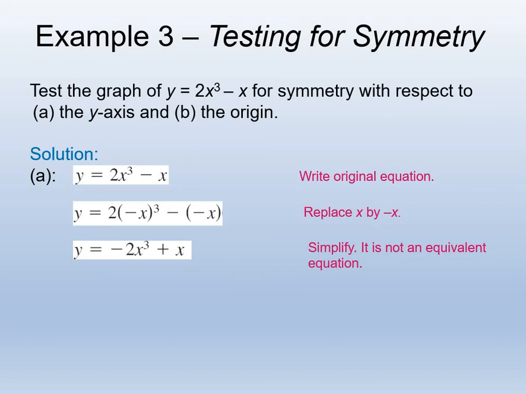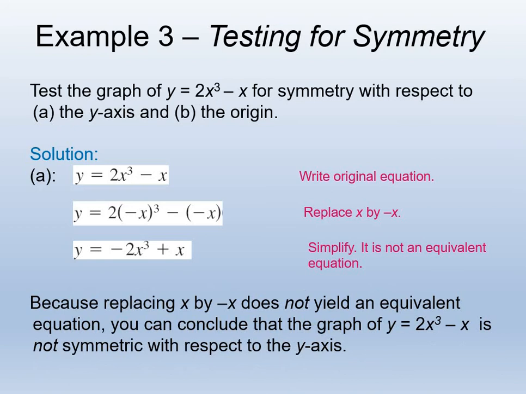How we substitute in a negative x, and if we would have gotten the same equation back, so if we would have gotten 2x cubed minus x back, we would have concluded it's symmetrical to the y-axis. So in general, if you have even powers, it's most likely going to be symmetrical to the y-axis. If you have odd powers, it's most likely going to be symmetrical either to the x-axis or to the origin.